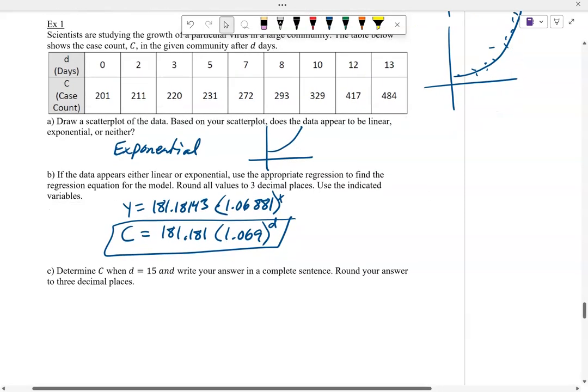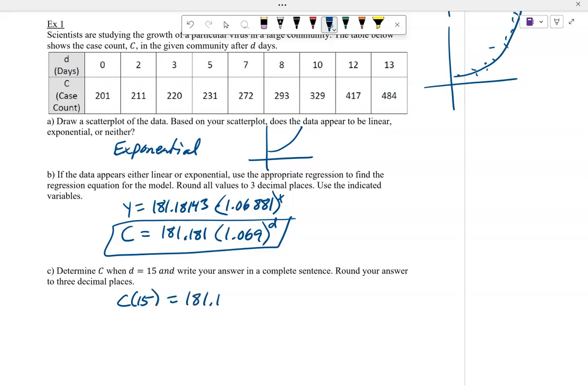And then if D is 15, could we predict the case count? So C of 15, let's plug a 15 in. And this will end up being 492.9220324. So it's about 493.